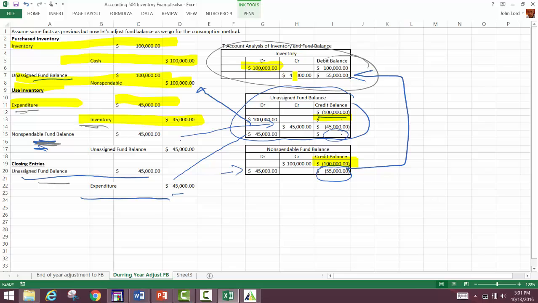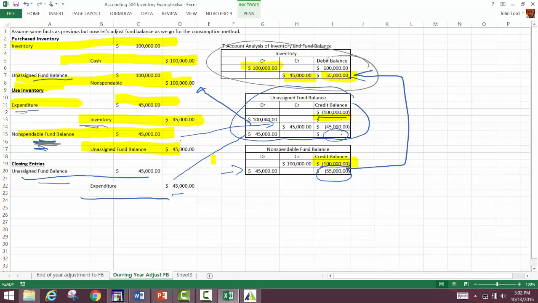At the same time, there's my credit to inventory. I didn't tee up expenditure here because the only expenditure we're going to have is this 45,000, right? My inventory is showing 55,000, and at the same time I debit the non-spendable for 45,000 and credit the unassigned for 45,000.